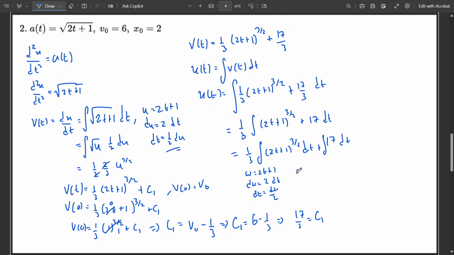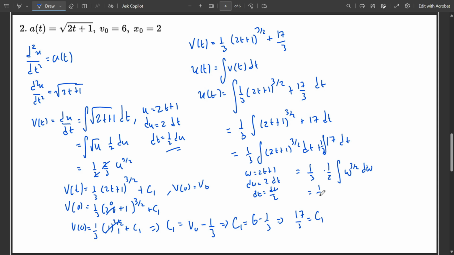Then this becomes 1 over 3 times a half integral of w, where w equals 2t plus 1, to the 3 over 2 dw.